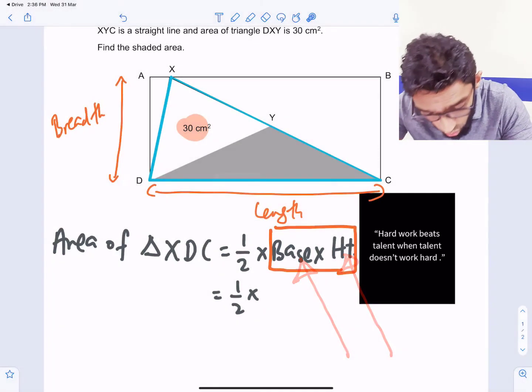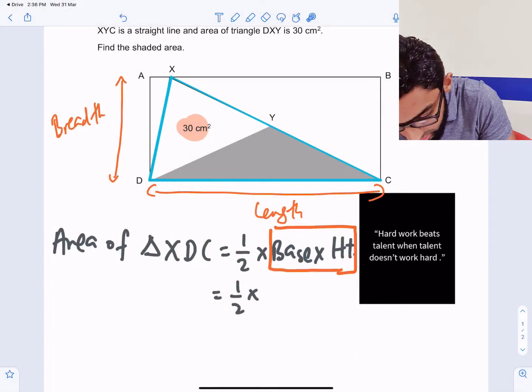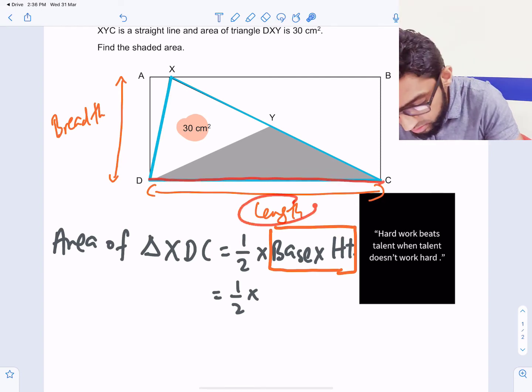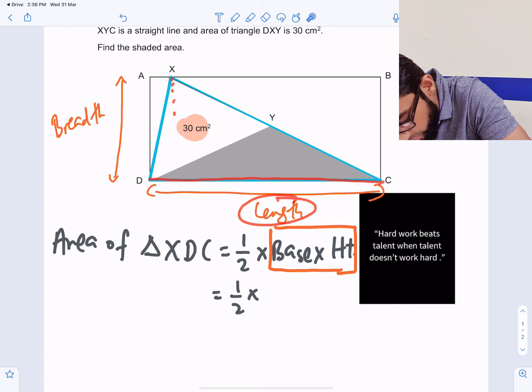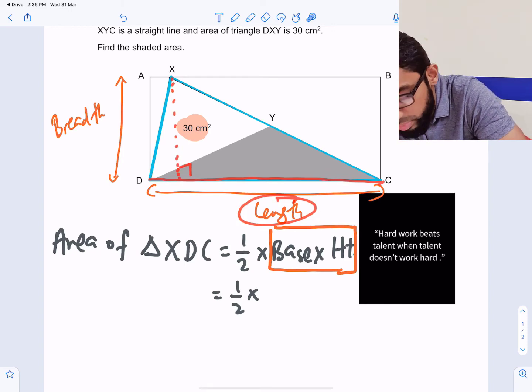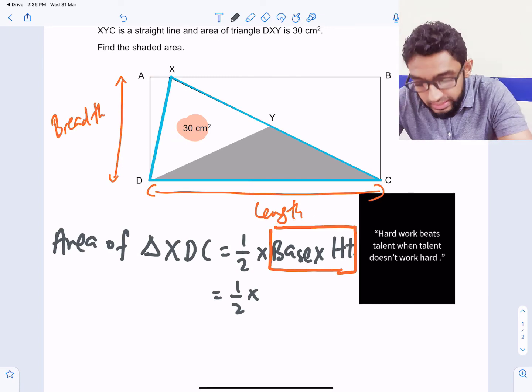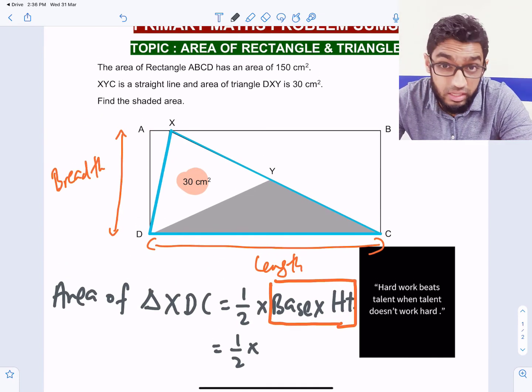Again, why is that so? Because as we've mentioned, this base of the blue triangle is the same as this length. The height of the blue triangle is the same as this breadth. So basically, base times height is actually the area of the rectangle, which is 150.